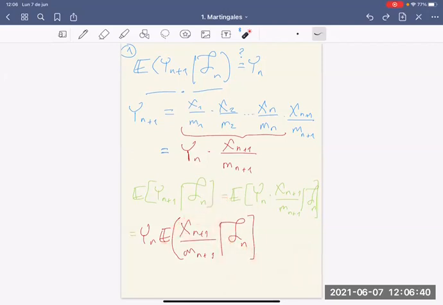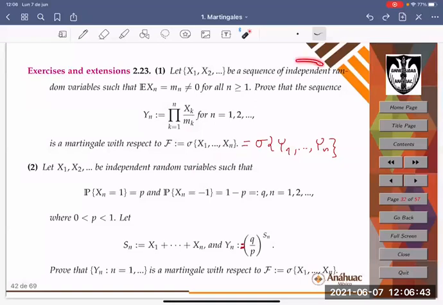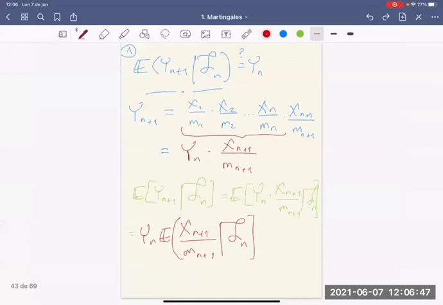But what does that mean? Well, in terms of independence, we can argue that this thing is actually just Y_n times the expectation of just X_{n+1}.